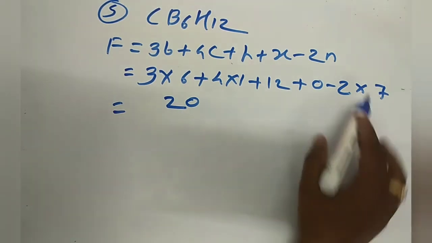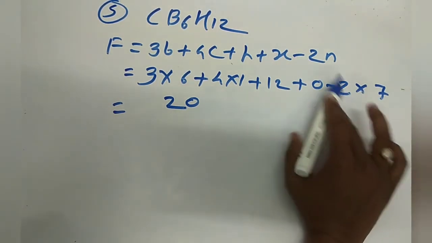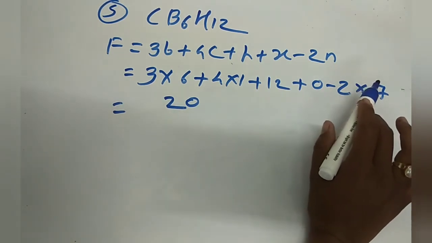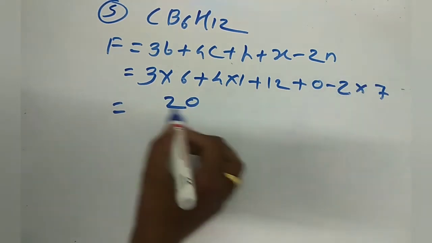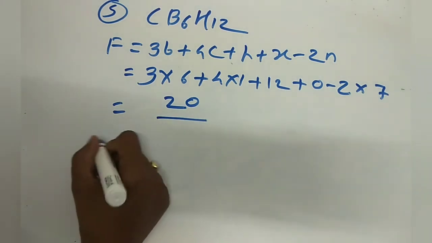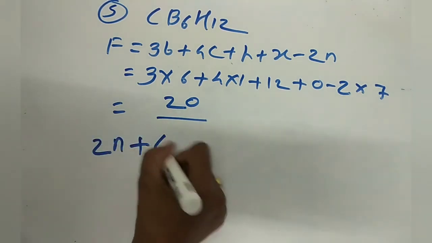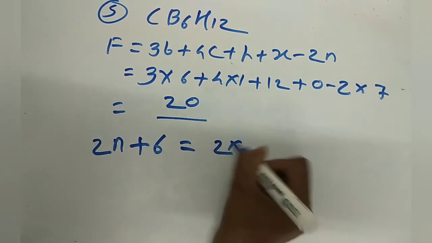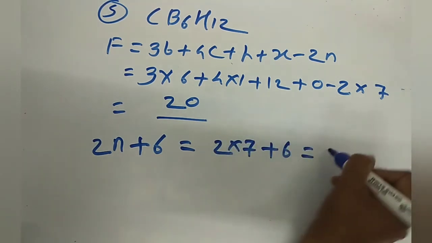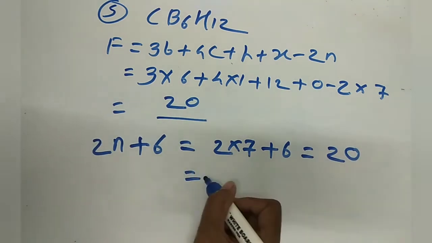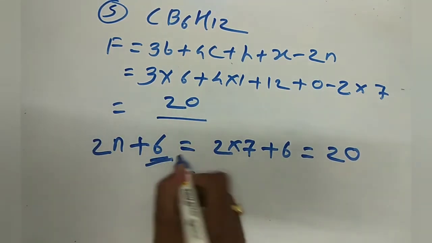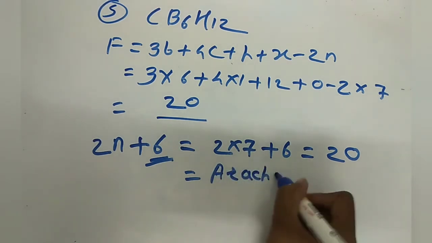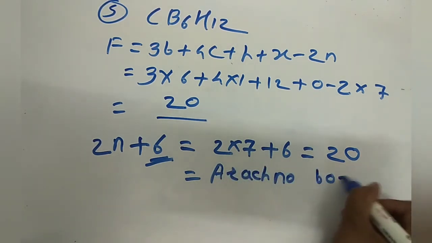So here 7 into 2, 2n is 14 and in 14 we have to add 6. Then we are getting the answer 20. Therefore we are using 2n plus 6. Then 2 into 7 plus 6 is equal to 20. Definitely after addition of 6 this borane is arachnoborane.